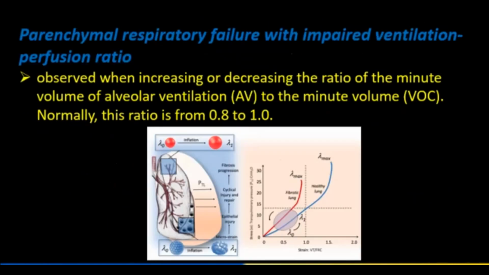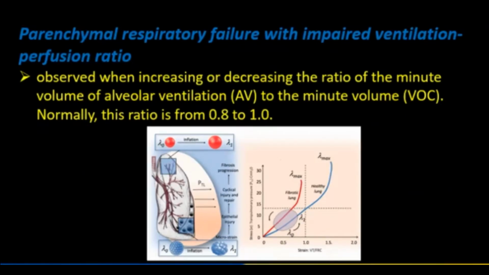And parenchymal respiratory failure with impaired ventilation-perfusion ratio is observed when the ratio of the unit volume of alveolar ventilation to the minute volume increases or decreases. For example, normally this ratio is from 0.8 to 1.0.